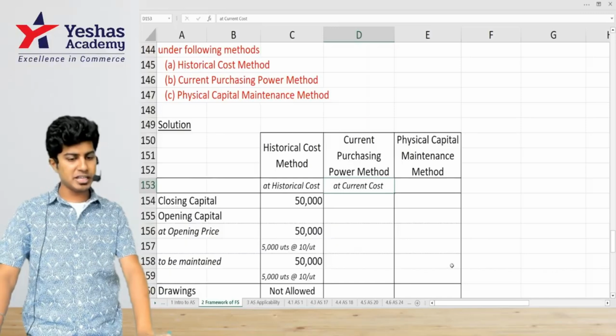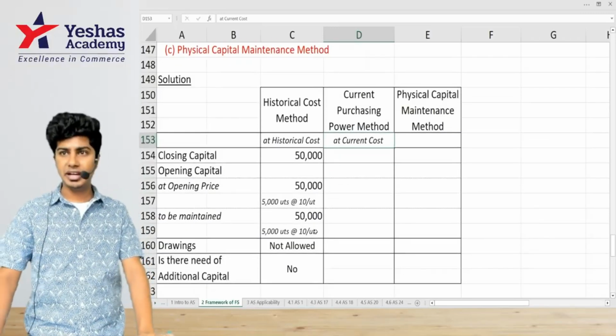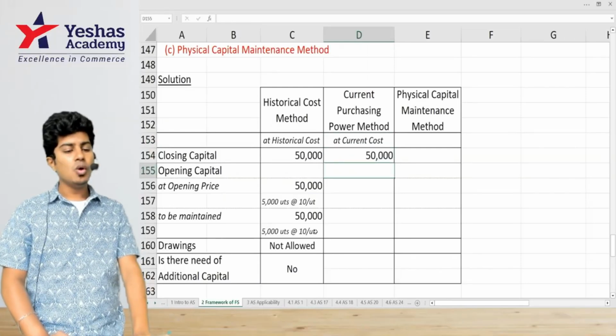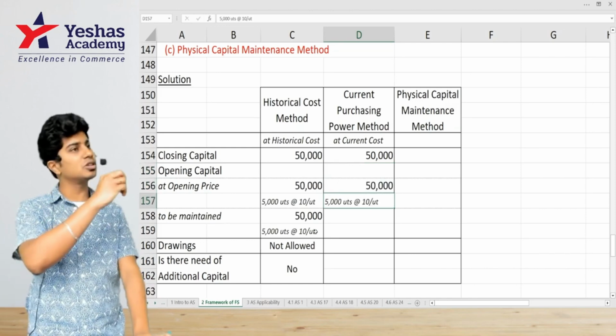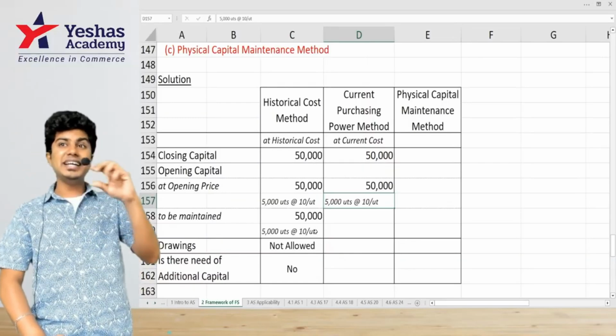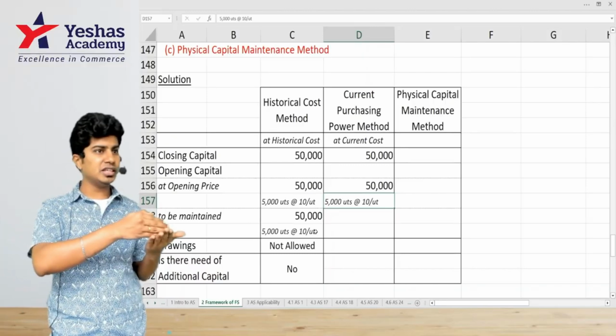Under current purchasing power method, we will take current cost into consideration. Am I right? Now, closing capital was 50,000. This is given in the question. Opening capital at purchase price is 50,000, which is 5,000 units at 10. This is also given in the question. 50,000 was last year. Price index has become 125. Whatever was 100 last year is 125 this year.